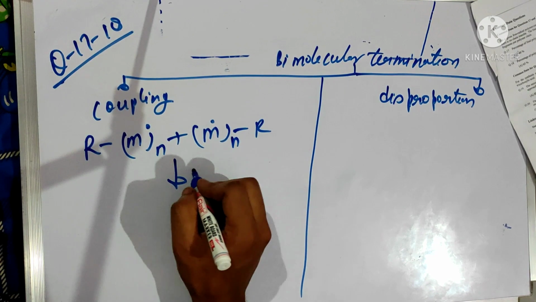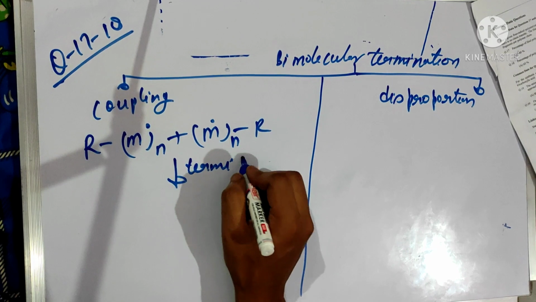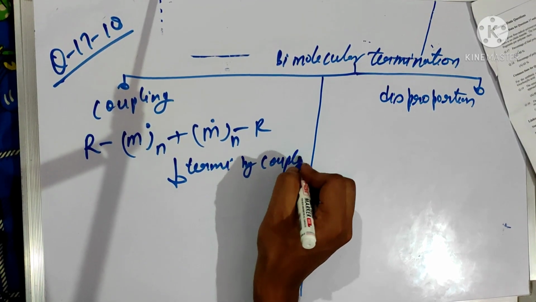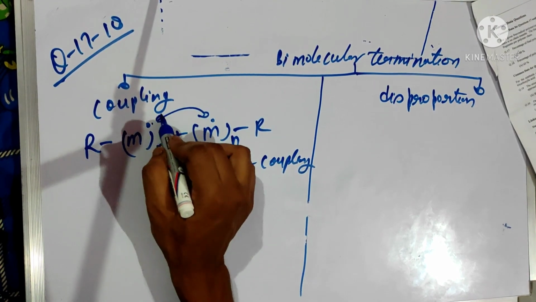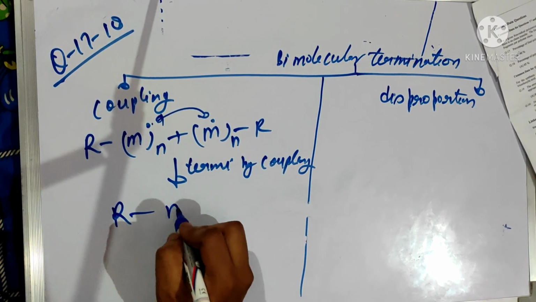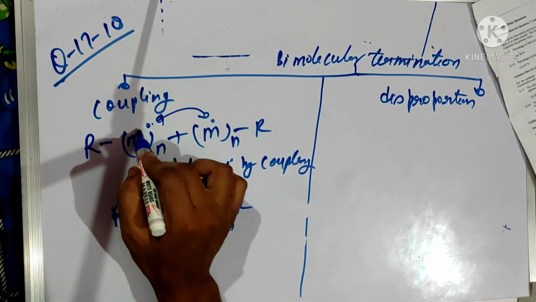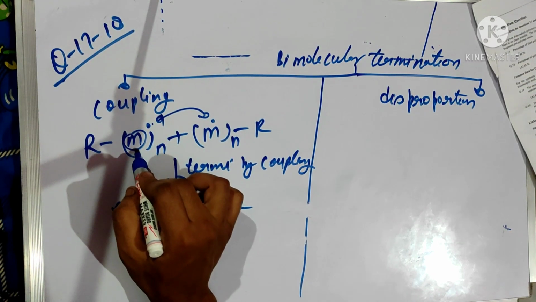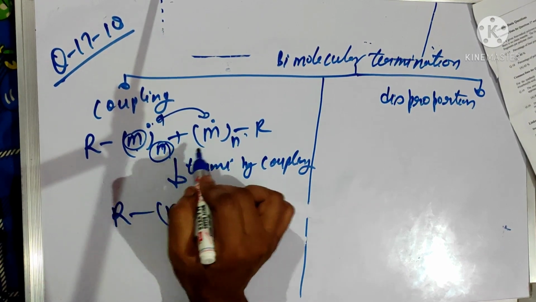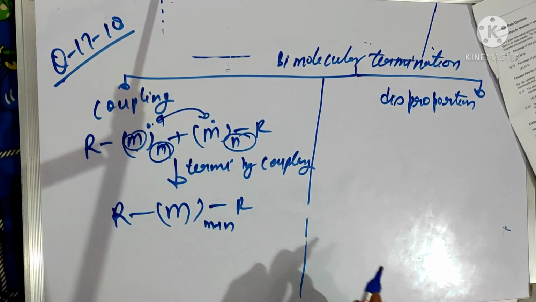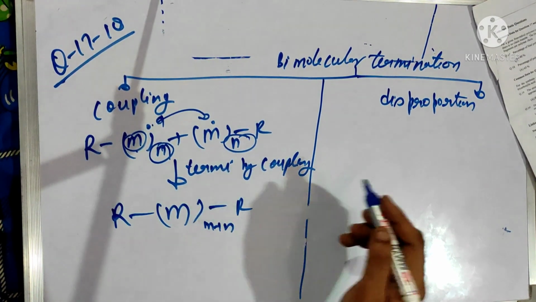Termination by coupling: in this, both active centers combine to each other and form the polymer, RM_M plus N R. Here M denotes the repeat unit of the monomer, and this is the number of the repeat unit, and this also denotes the number of repeat units. So this is a simple concept of termination done by coupling.